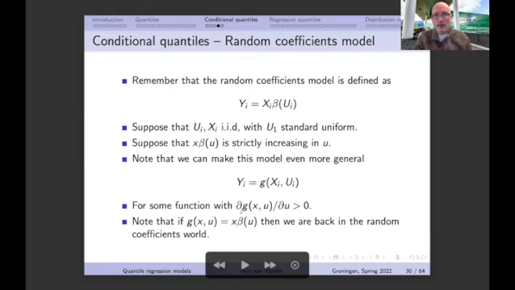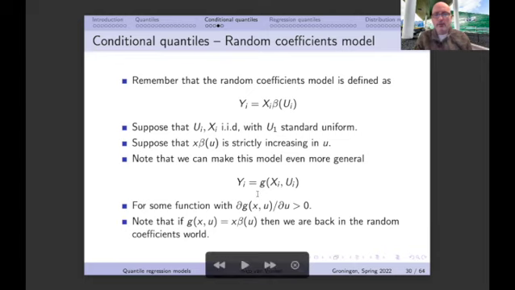What we could do is make the assumption again that this function g is at least increasing in its second argument. So at the moment that I increase u, then g should also increase.